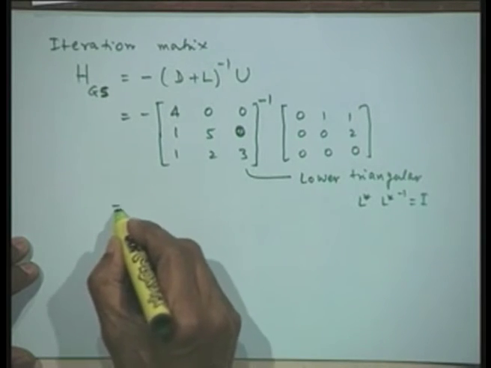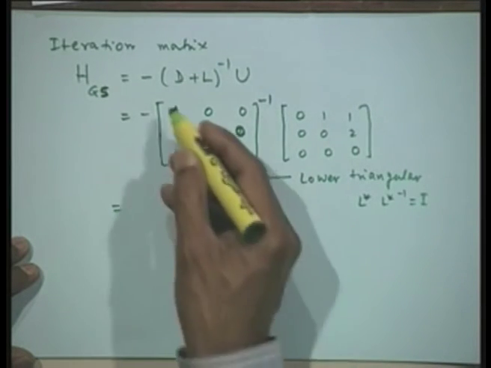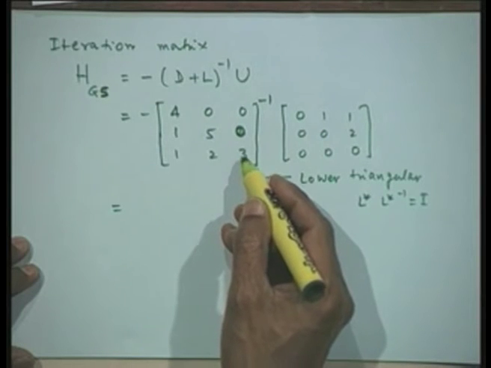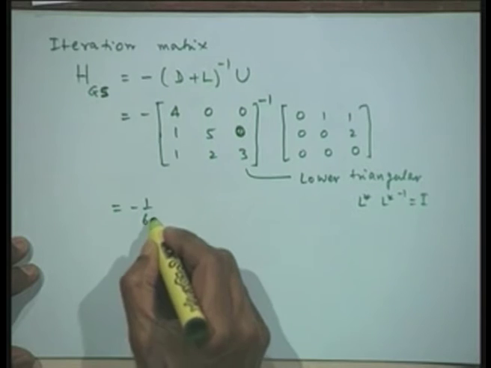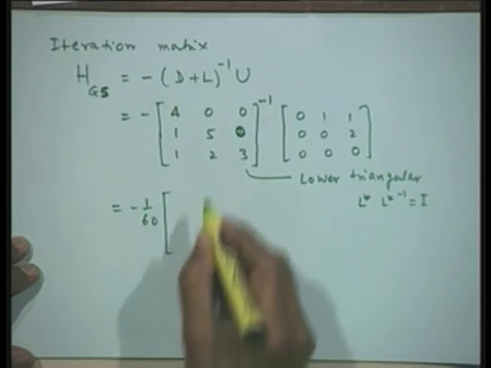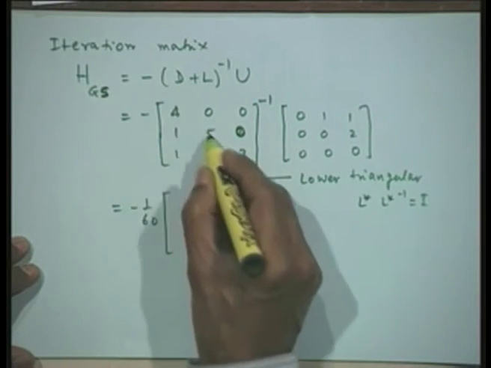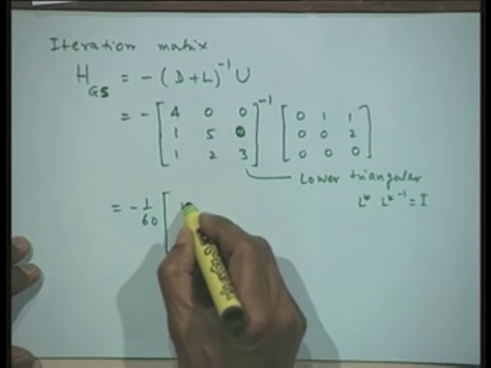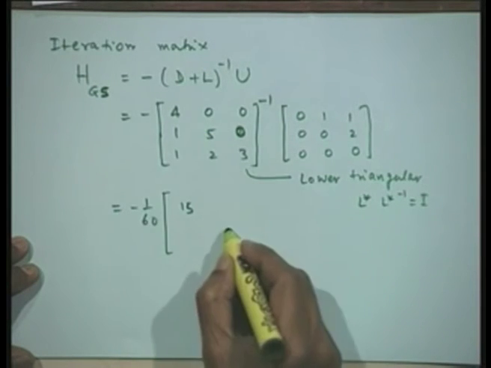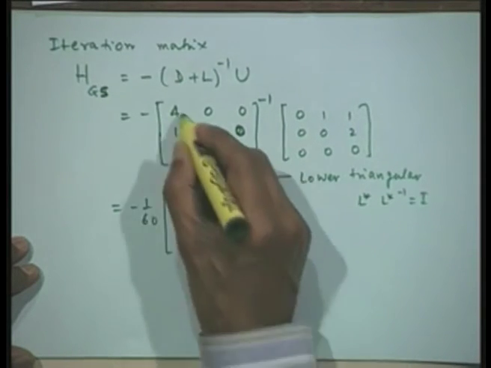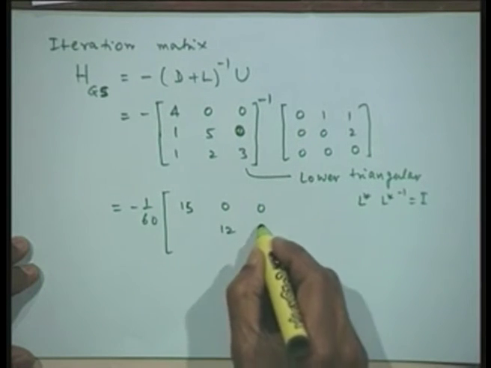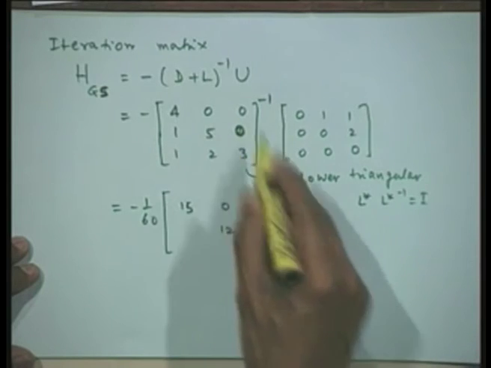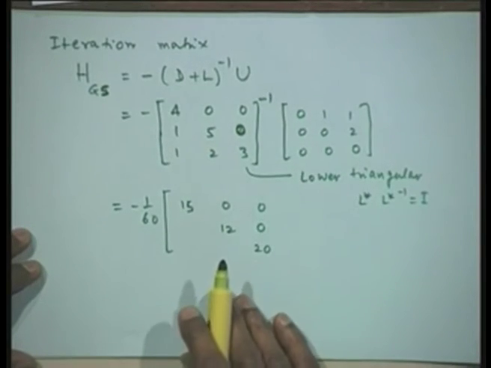So I can immediately find the value of the determinant here, that is equal to 60. So we will have here 1 upon 60. I can write its cofactors. For this element this is 15, for this element this is 12, for this element this is 20, and the inverse of a lower triangular matrix is lower triangular, so I can put those zeros over there straight away.